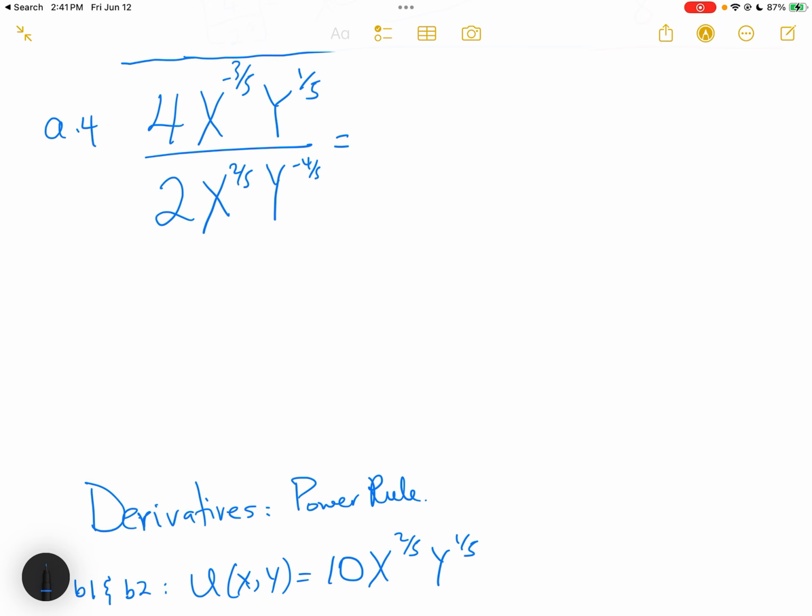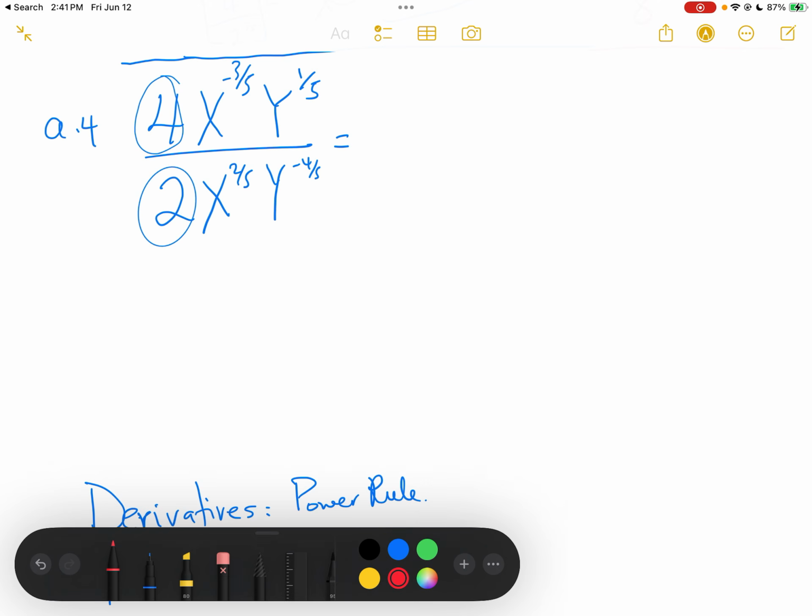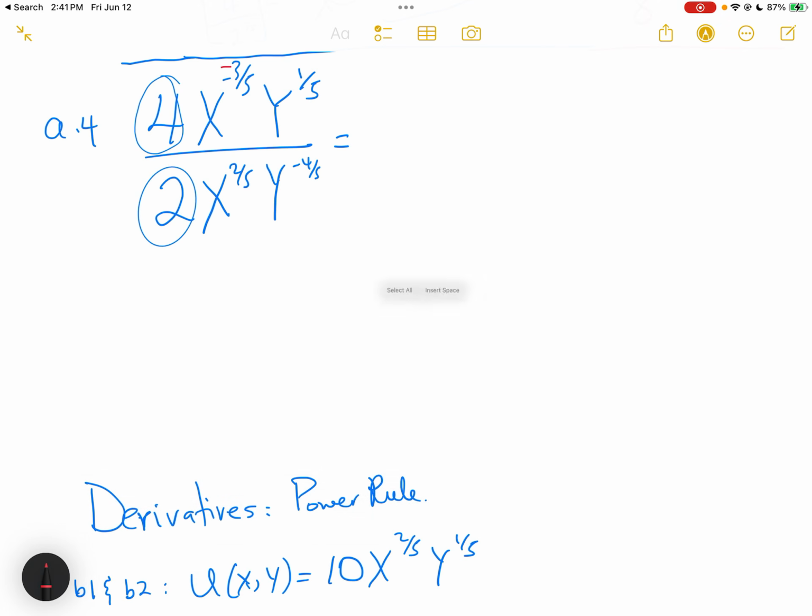So I noticed some students were taking 4 over 2 and then take the x's, x to the power minus 3 over 5 divided by x to the power 2 over 5. Sure, you could do that, but hopefully you know it's the 4 divided by the 2, and if I change to a different color, it will be the x to the power 3 over 5 divided by x to the power 2 over 5.